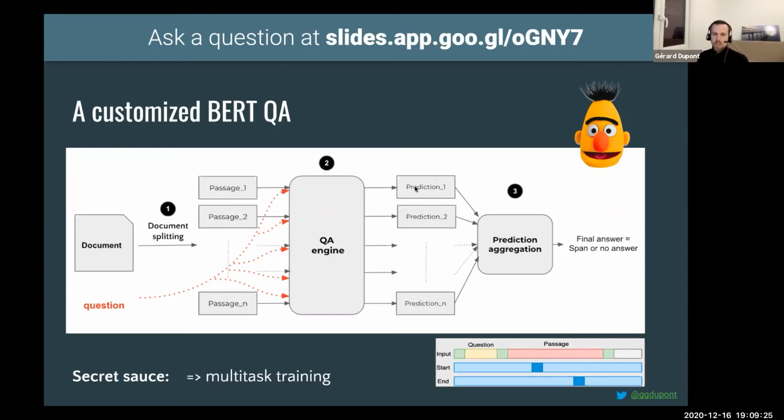And so the prediction is actually predicting the start and the end of the answer. As I said, this kind of model can only pick answers that are in the document. They are not building an answer. They are not constructing an understanding of a document or doing a summary. They are just selecting part of the document which is very likely the answer.